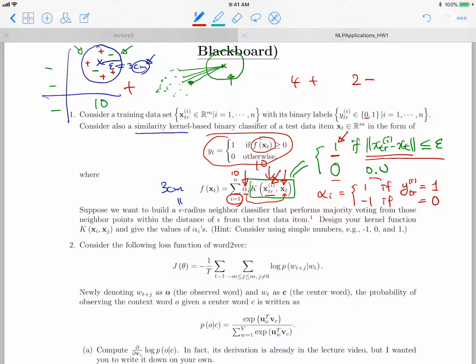Then when adding them together, we multiply by 1 if it is a positive class, and by -1 if it is a negative class. The total will be 1 plus 1 plus 1 plus 1 minus 1 minus 1, which is positive 2, and thus it will be classified as positive, right?